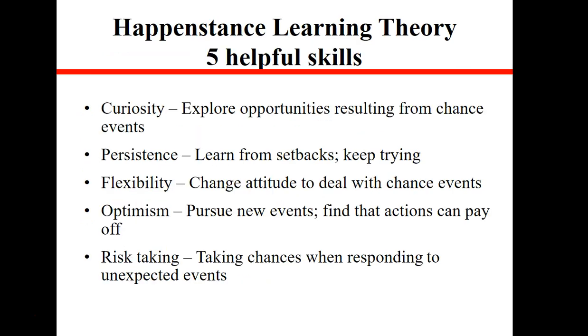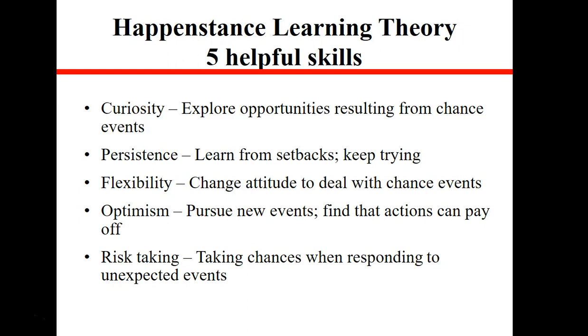In happenstance learning theory, Krumboltz says that there are 5 helpful skills that clients need to draw on if they're going to make the most of their happenstance experiences. So obviously curiosity would be important, exploring opportunities that result from these chance events.